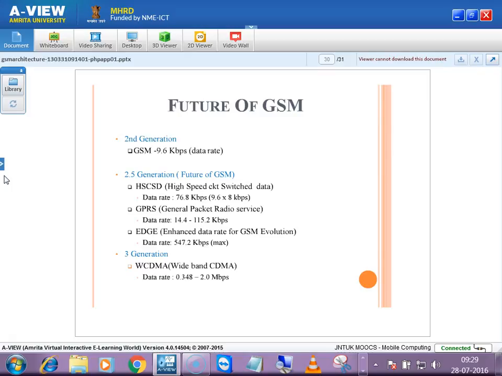You have some bandwidth, say 1.4 megahertz. You divide the band into subcarriers, and each subcarrier will be served to one user. We have to make sure that the adjacent subcarriers are orthogonal to each other. Otherwise there will be interference.